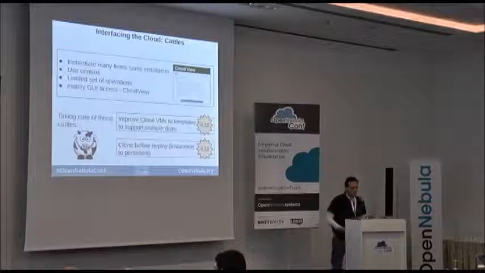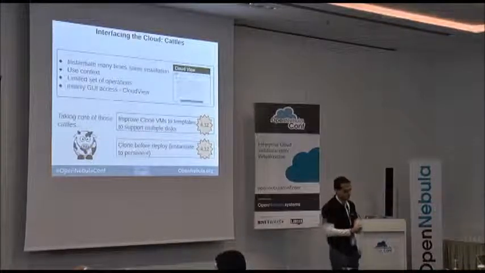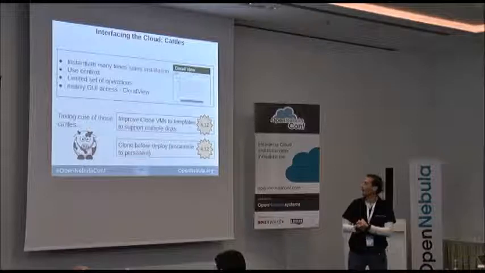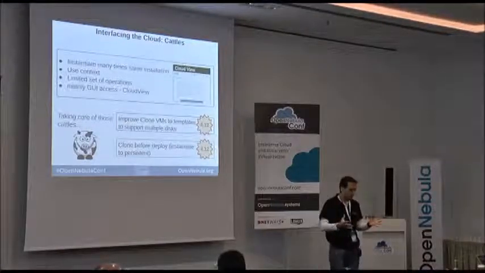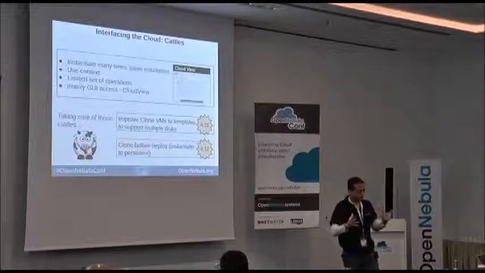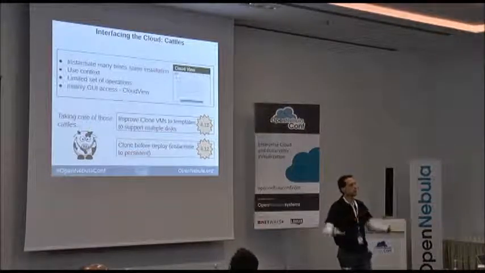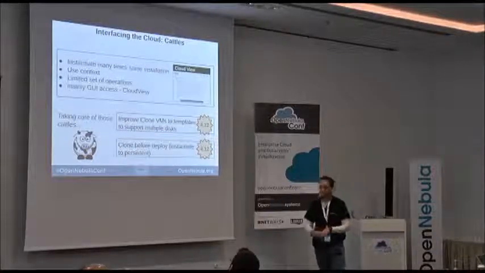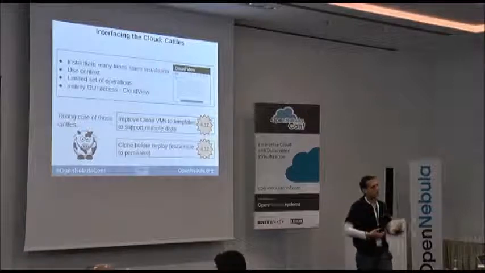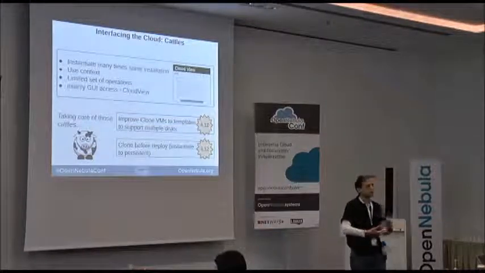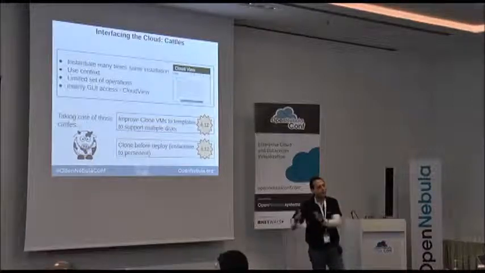So in OpenNebula, how do we deal with cattle? The idea is that you prepare your virtual machines, thinking that this is going to be installed once, but it's going to be instantiated many times, right? But for your users. Here you can leverage context, because as you are going to instantiate the same thing multiple times, that same thing is going to be different or a little bit different for different users.